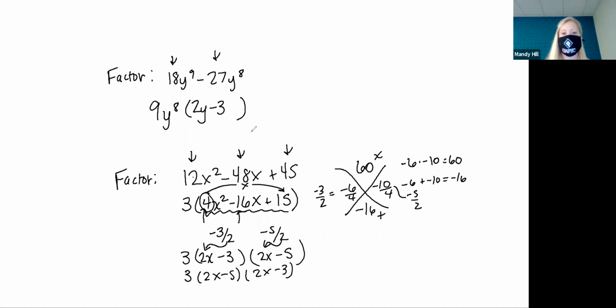Let's factor one more of these. And then we're going to solve. The solving part is probably the easy part, but it says to factor 10x to the second minus 40x minus 120.